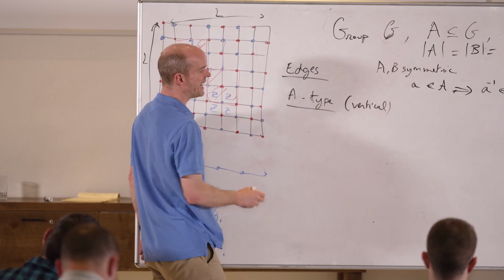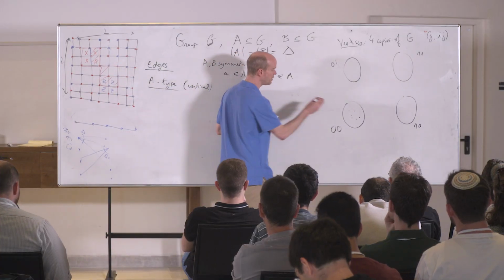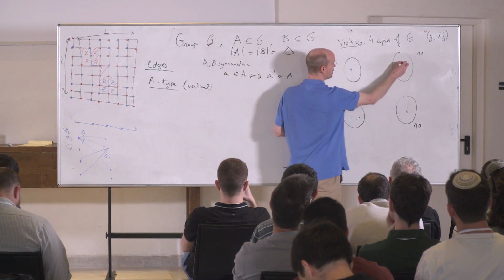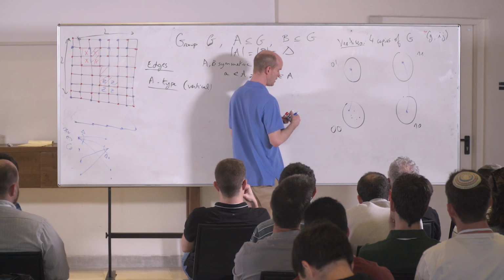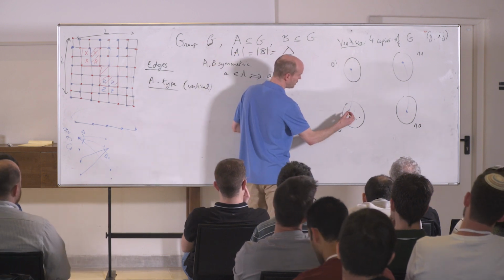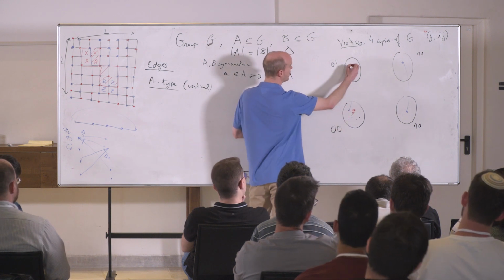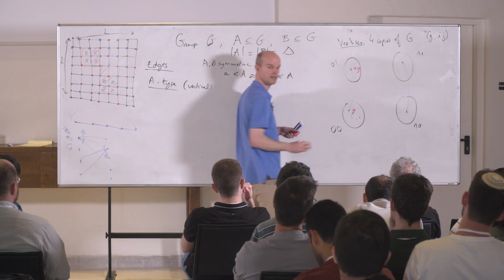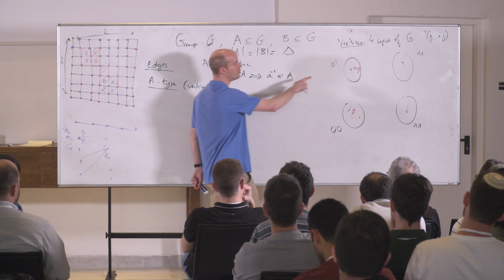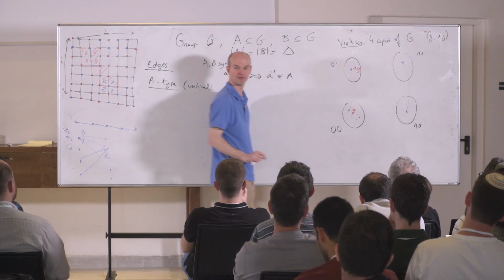Okay, so what is an A-type edge? So the edges of type A, they will go from this place to this place, or this place to that place. And they will relate an element g here with an element a times g in this thing. Okay, so G is a group, so I can multiply any element g of the group by some element a.